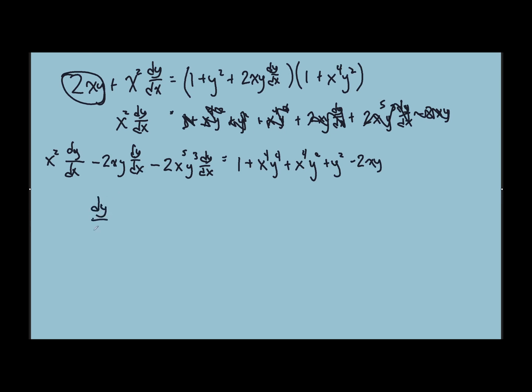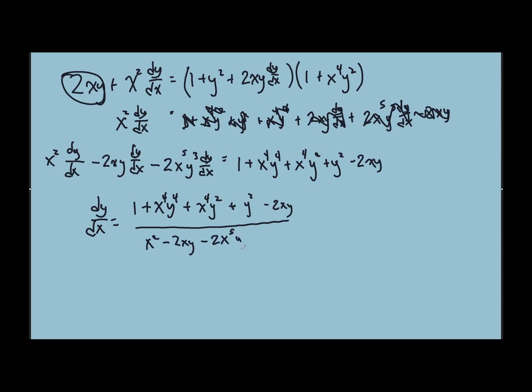So I say dy dx equals 1 plus x to the fourth y to the fourth plus x to the fourth y squared plus y squared minus 2xy divided by the factor from this left side here, which would be x squared minus 2xy minus 2x to the fifth y cubed.